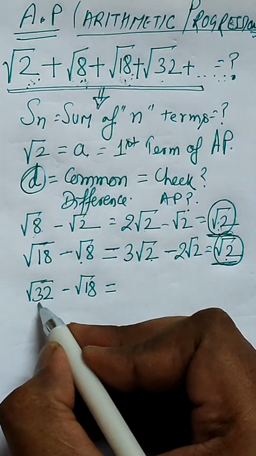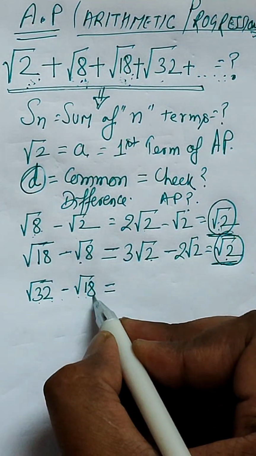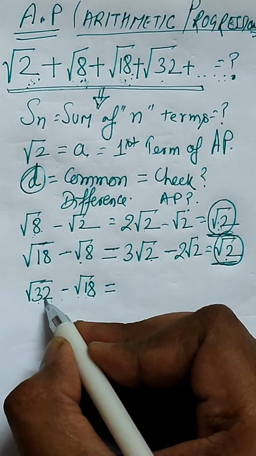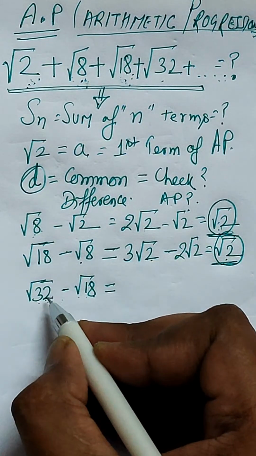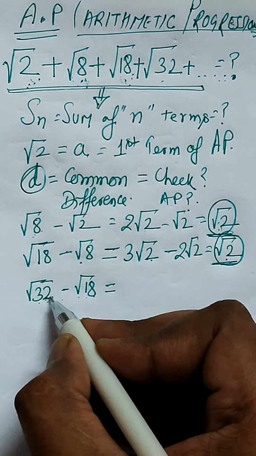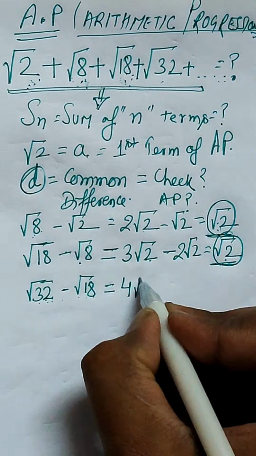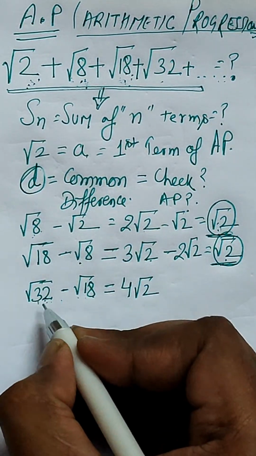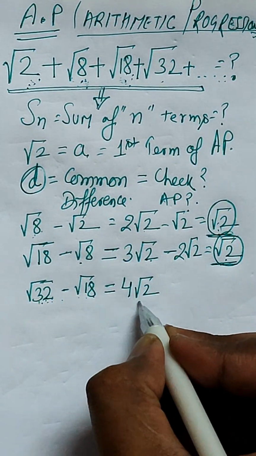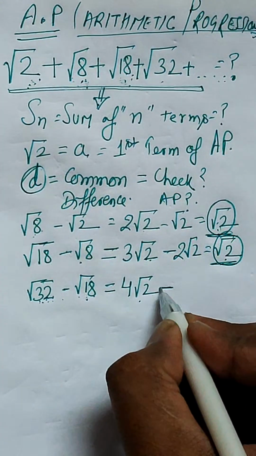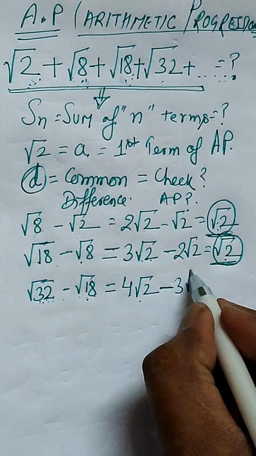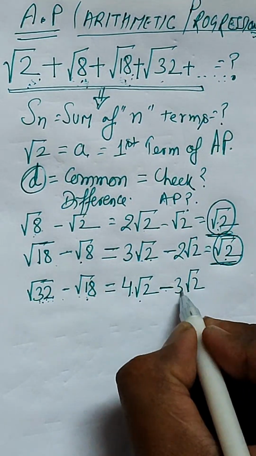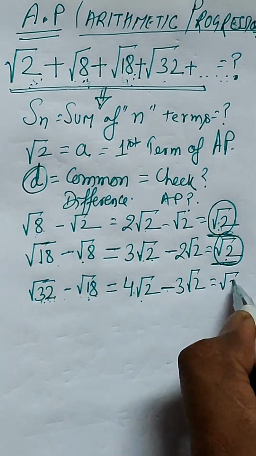So root 32 minus root 18. 32 can be written as 16 into 2, so root 32 can be written as 4 root 2. And root 18 can be written as 3 root 2, as we checked earlier. So 4 root 2 minus 3 root 2 is equal to root 2.